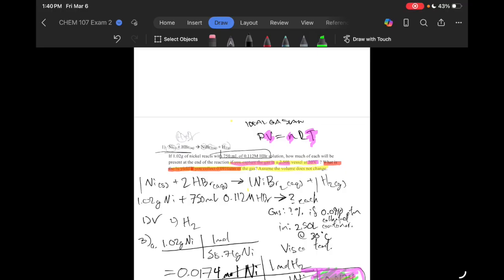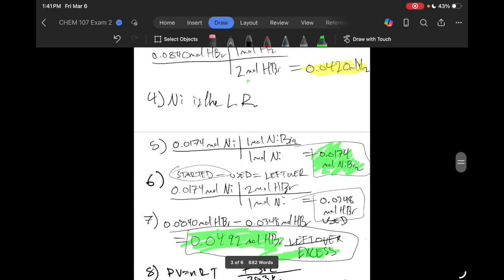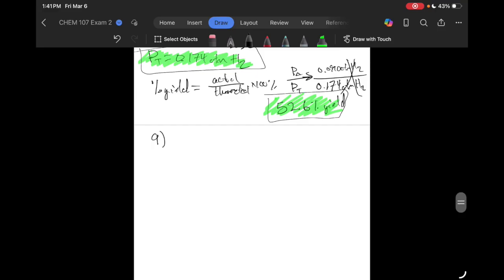So we need to say how much was left over of nickel, how much was left over of HBr, how much was left over of NiBr2, and how much was left of H2 at the end of the reaction. And then the 5th thing depends on what you did for step 8. For step 8, you're going to be asked one of 2 questions.